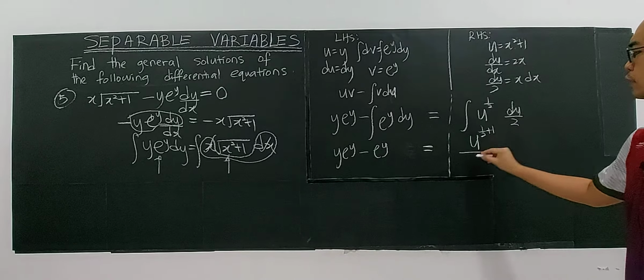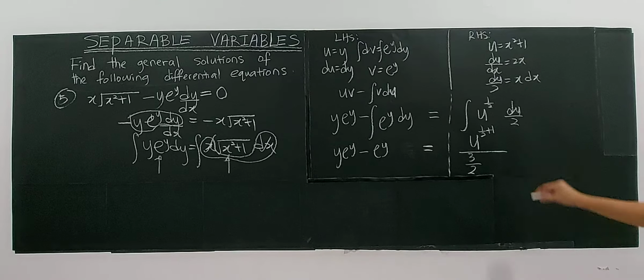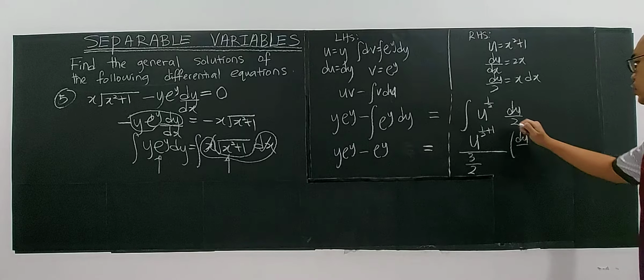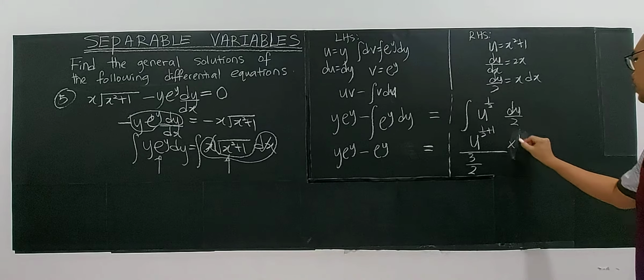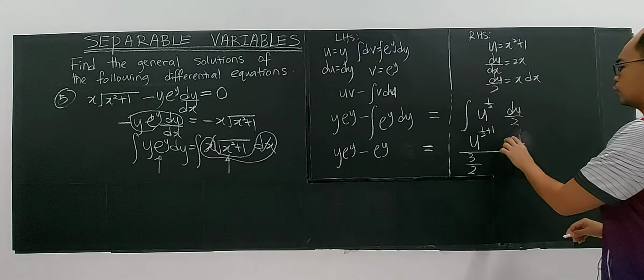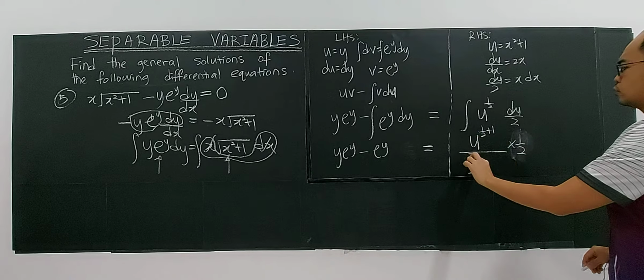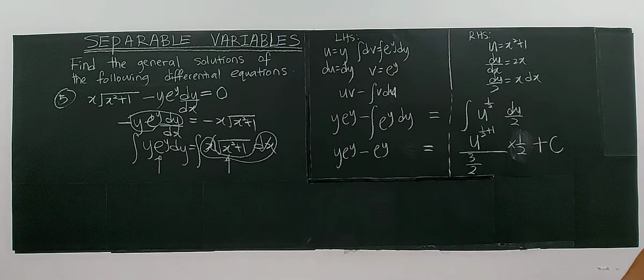If you add up, you get 3 over 2, so divide by 3 over 2, and then we have du over 2. So you have 1 over 2 here, multiplied with 1 over 2 outside after integrating. Integrating this, you have u to the power 3 over 2 over 3 over 2. Then we put a plus c here, as we have already integrated everything.